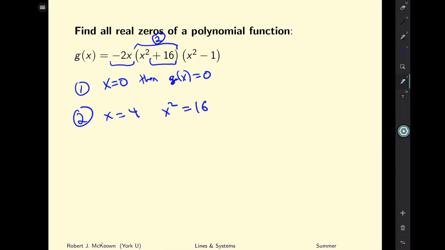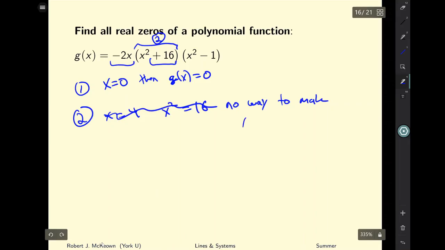No, there's no possible real number that I can plug into x squared plus 16 and come up with a 0 value. So there's no way to make x squared plus 16 equal to 0. No way, so there's no solution for that factor anyway.